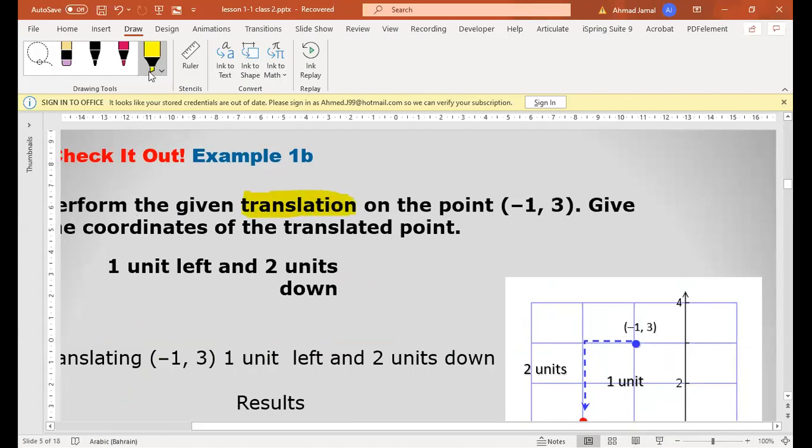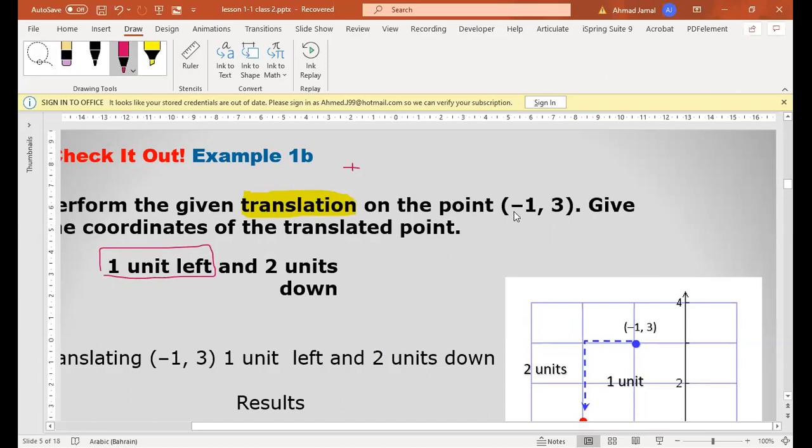I will use the sign, positive or negative. Complete: the coordinate (-1, 3) is translated 1 unit to the left. Left, in the x-axis or y-axis?